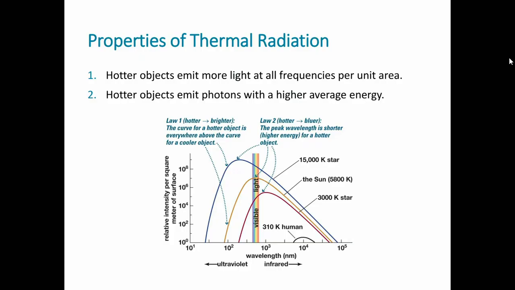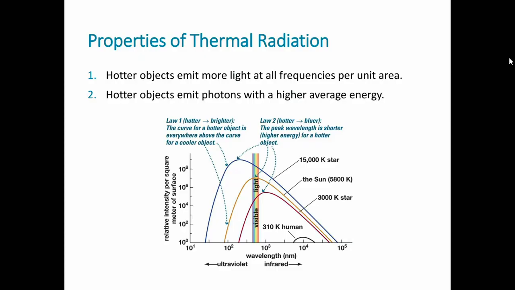These different stars are emitting photons across a wider range of wavelengths, but the temperature will dictate the peak of their emission and also the highest energy photon that they can emit. So this 3000 Kelvin star does not emit as high energy photons as the 15,000 Kelvin star. And the peak of their emissions is also different.